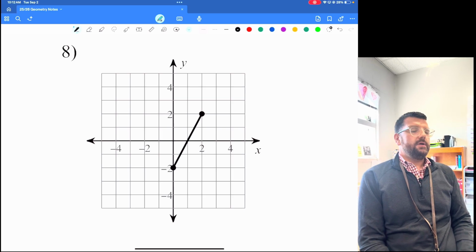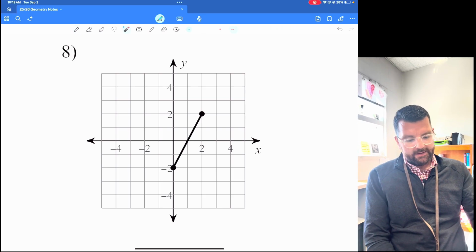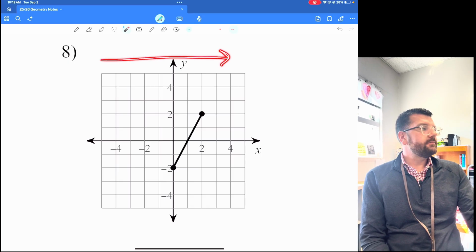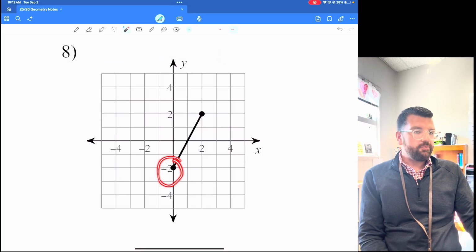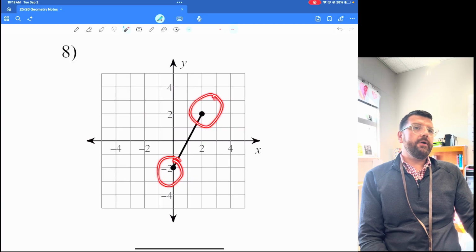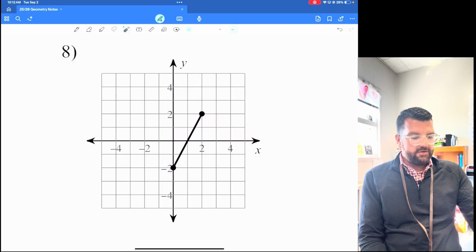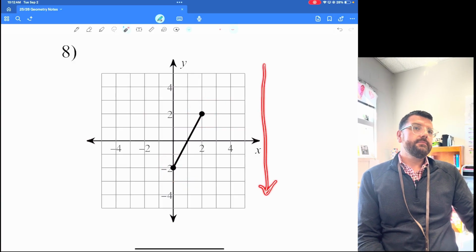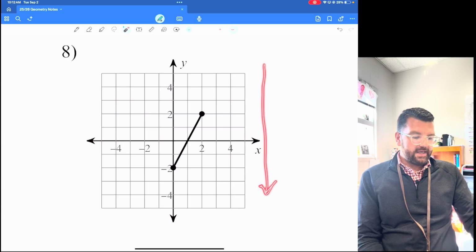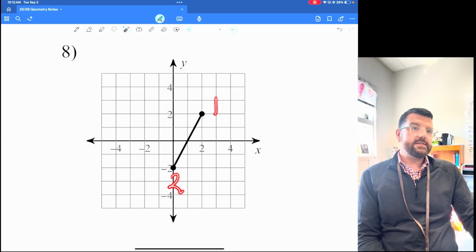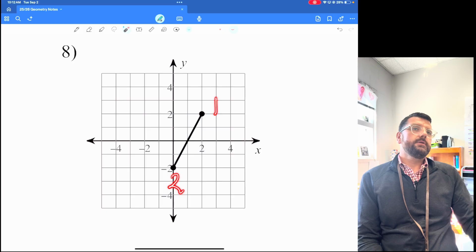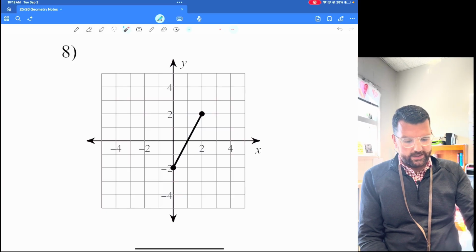My brain reads left to right. If that's the case, this is point number 1 and this is point number 2. Some of you may see it from top to bottom. And if that was the case, this is number 1 and this is number 2. It doesn't matter which one is which.